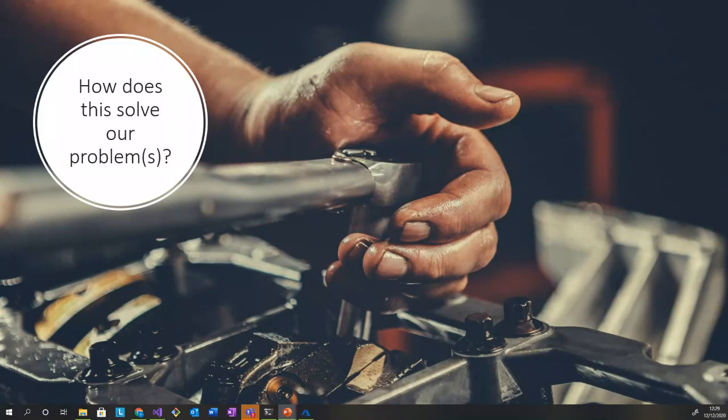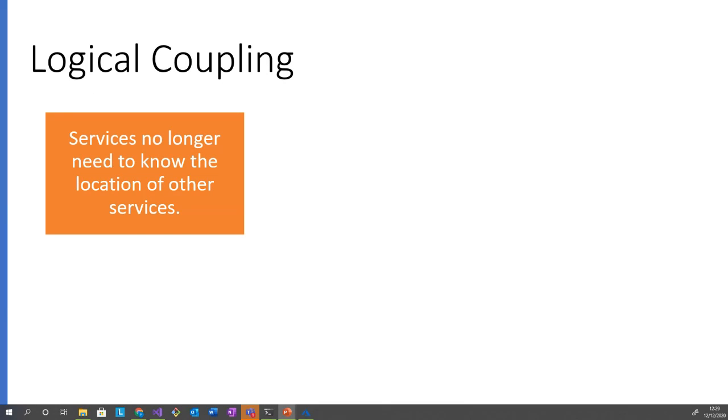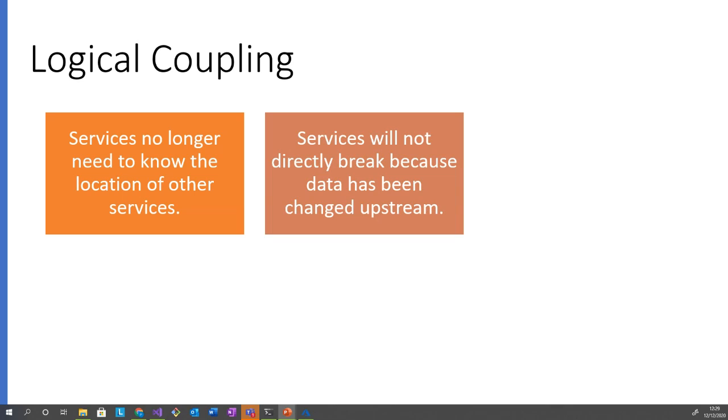Okay, so we talked about queues and topics, which is great, but how does this actually solve our problem? How does it solve logical coupling, for example? The services no longer need to know the location of other services, because they now know the location of the service bus, and that knows the location of the other services. Services will not now break directly because the data has been changed upstream.